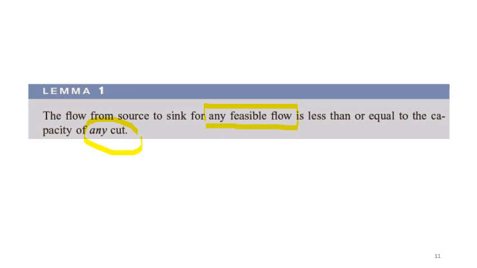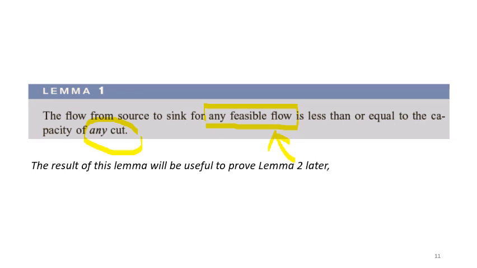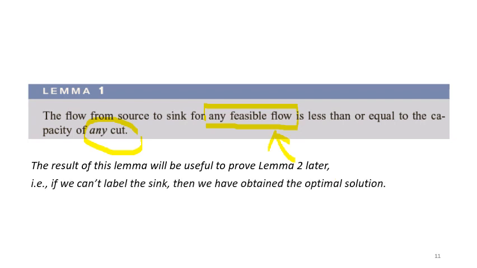So you may have a lot of cuts, but this lemma says that the value of any feasible flow must be less than or equal to any cut that you have. The result of this lemma will be useful later, to prove that if we cannot label the sink, then we must have obtained the optimal solution. So this lemma will be used next to prove that.